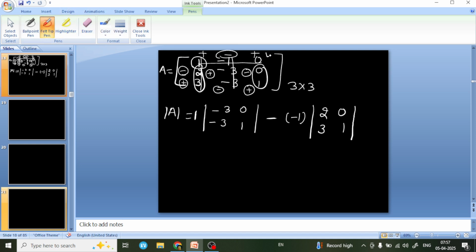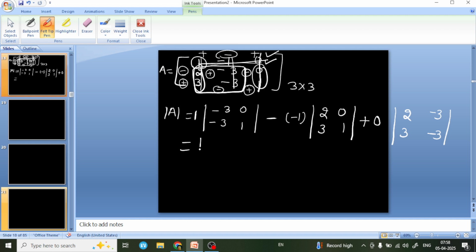After that, what will be the sign? Plus. And what will be the value in the first row? 0. Now the first row will be cut, the last column will be cut, and the remaining values will be 2, 3, -3, -3.